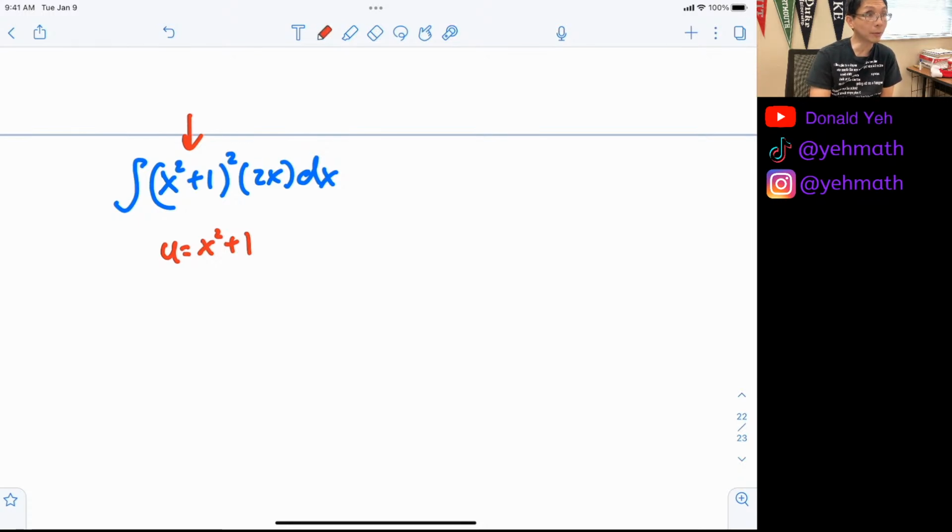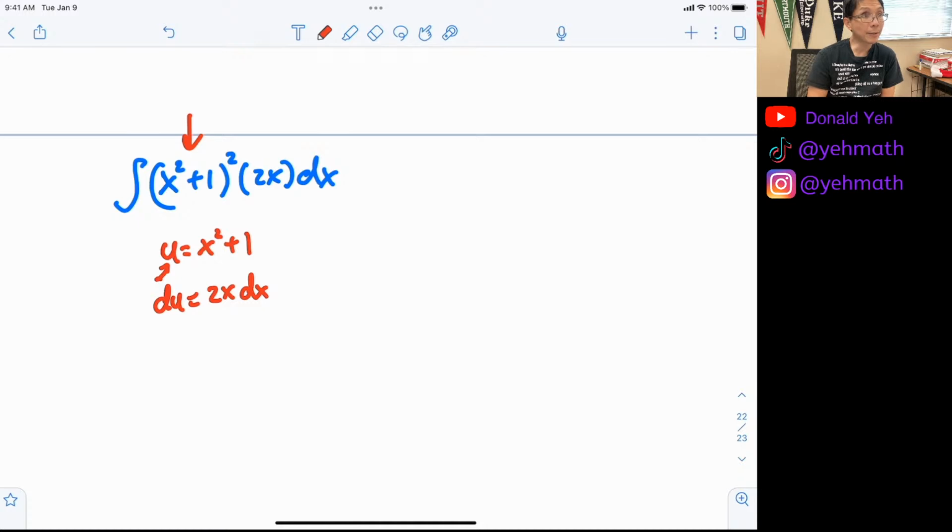Let's take a derivative with respect to x. What will be the derivative of u here? What would you get? du, good. What would be the derivative of x squared? What is it? 2x. And then dx? No, you're not taking integration. There was no plus c here, but there's dx, however.